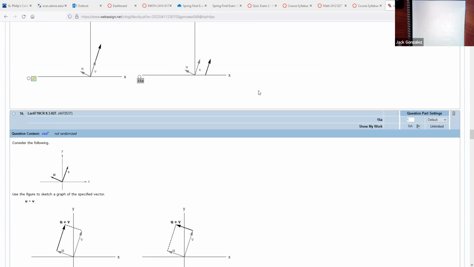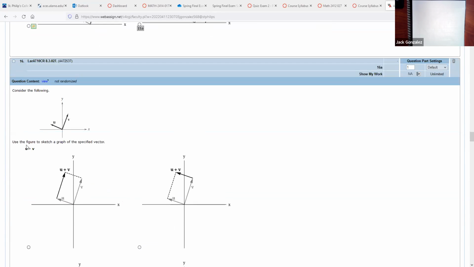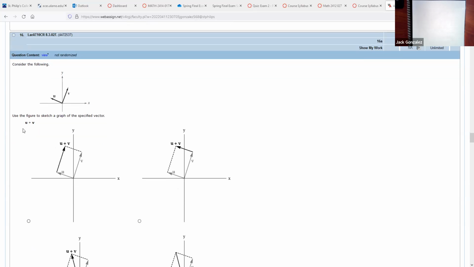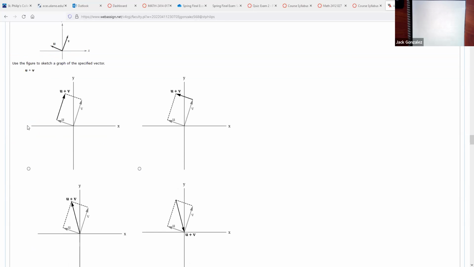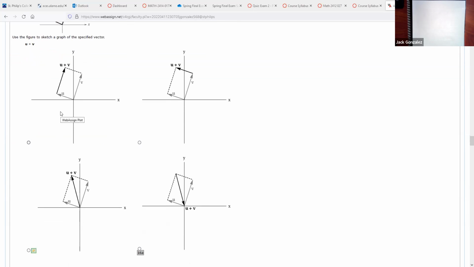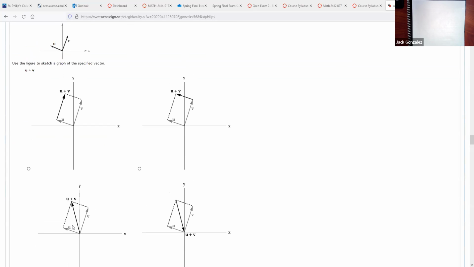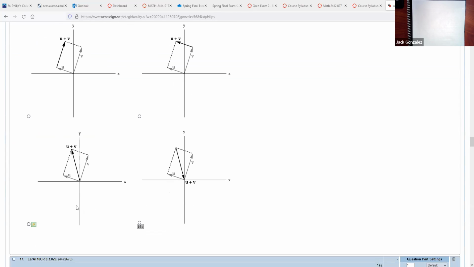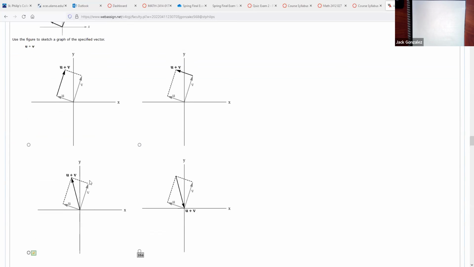You can also do something called algebra of vectors. So you can add them together, and they do this thing called the parallelogram rule. Let's look at the answer so we can understand.